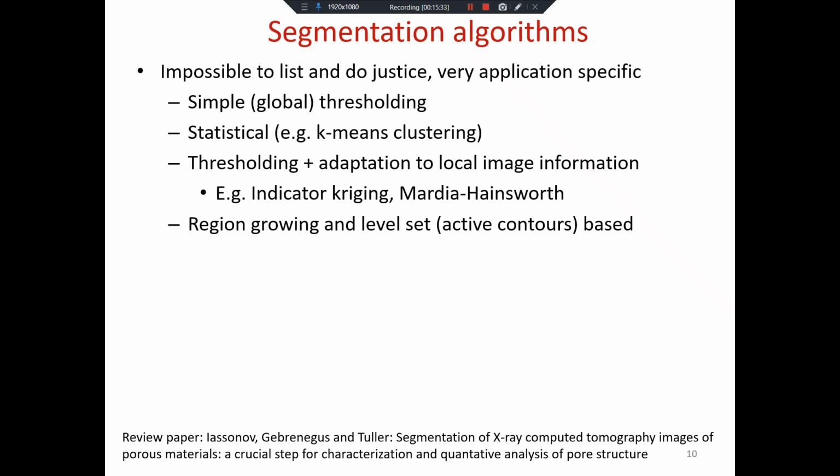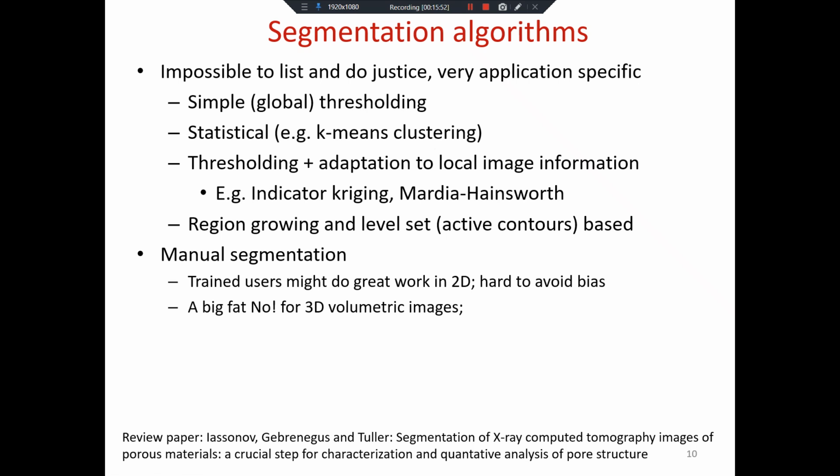And if I come to a large gradient, I should move slower. That's physically the idea of region growing, level set, active contours, watershed; those are all the different names used for this group of algorithms.